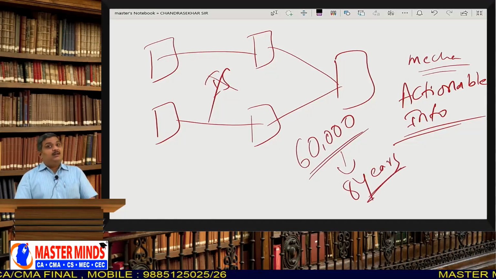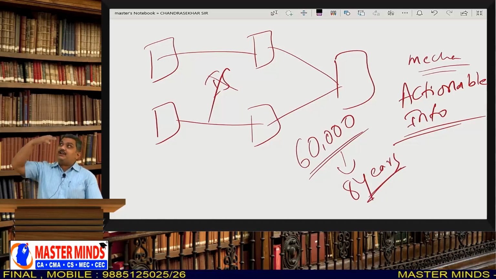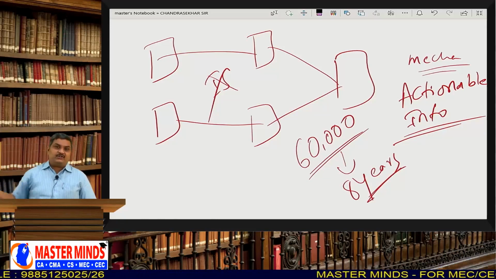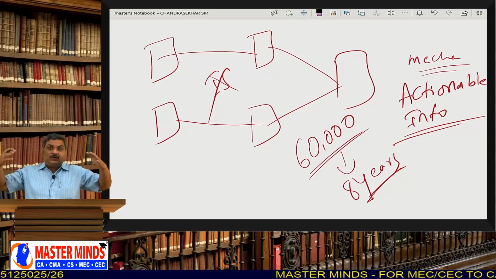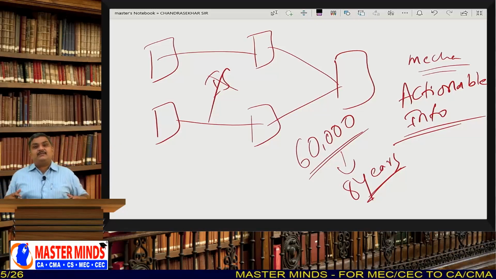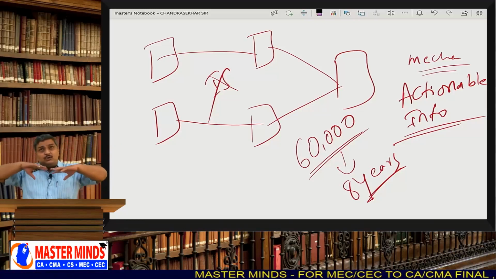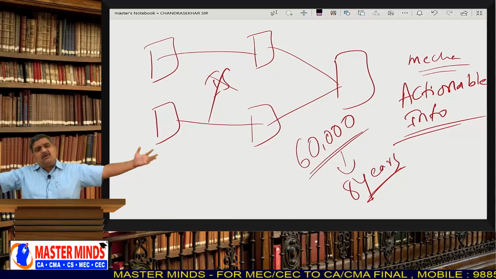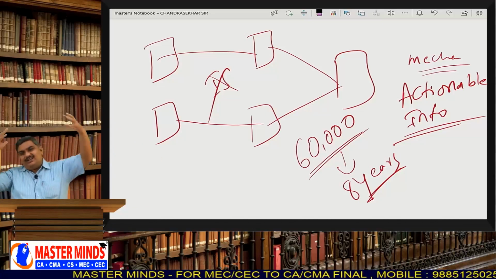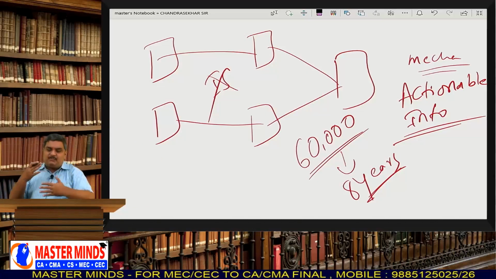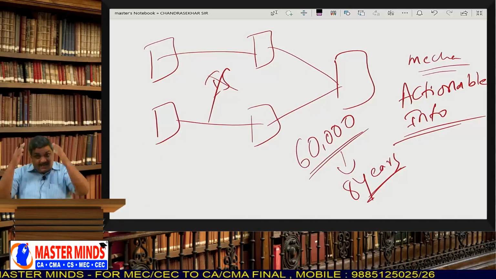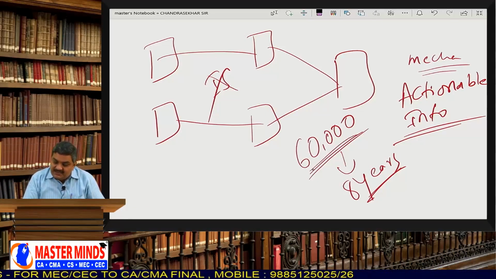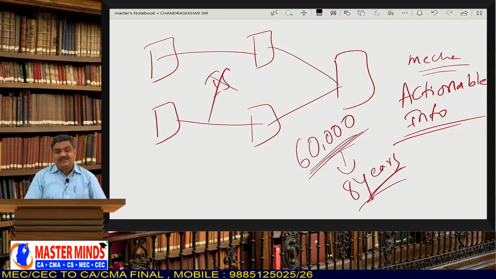That means railway is a very big organization having different zones like South Central Railway, Southern Railway, Eastern Railway, Western Railway, and again these zones are divided into regions. So in order to make an information system by joining all the systems in all the railway stations and getting the data, accessing the data, processing the data, to make a separate information system, it is spending 60,000 crores and it is taking 8 years of time.